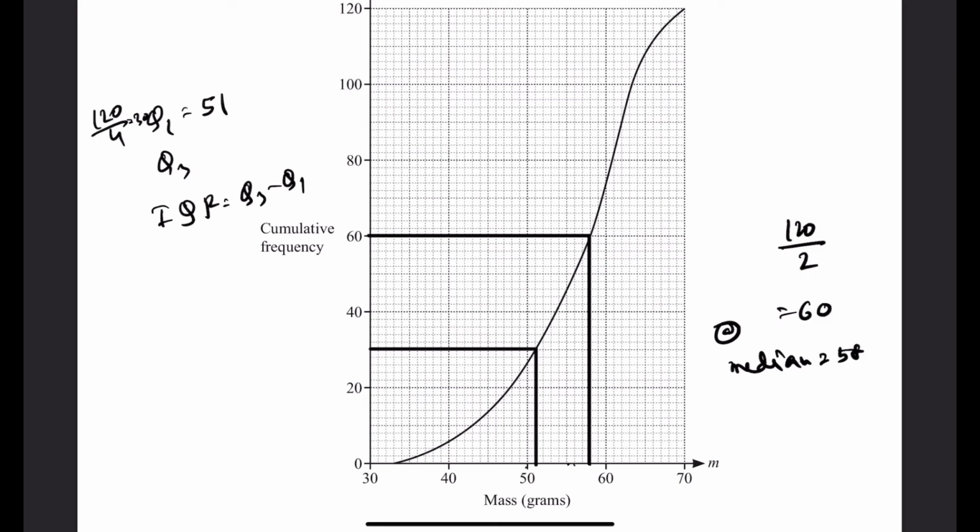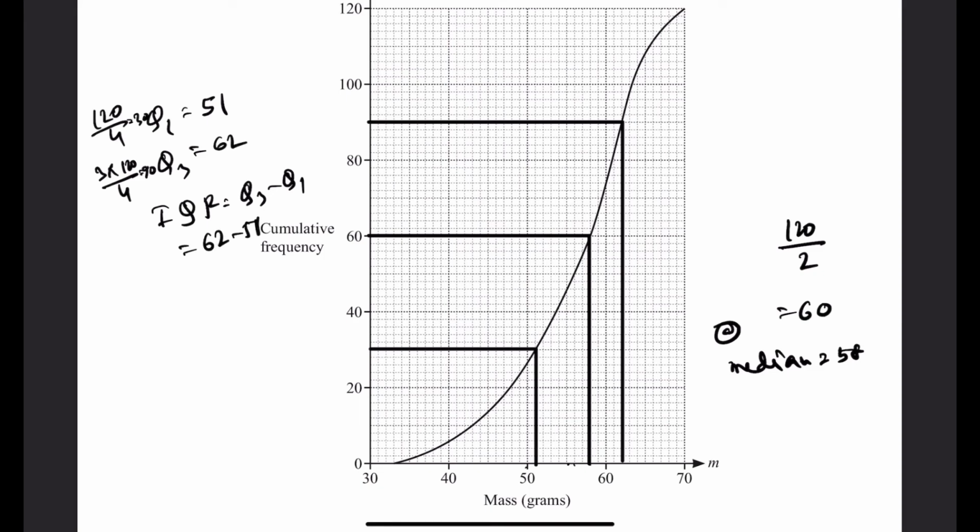And Q3, 3/4 of 4, that is 90. So let me draw a line at 90. Okay, so it is becoming 62. So 62 minus 51, that is 11.